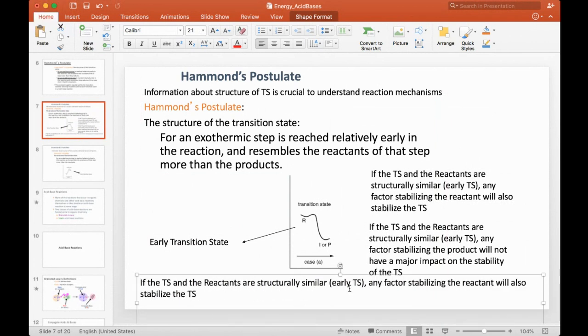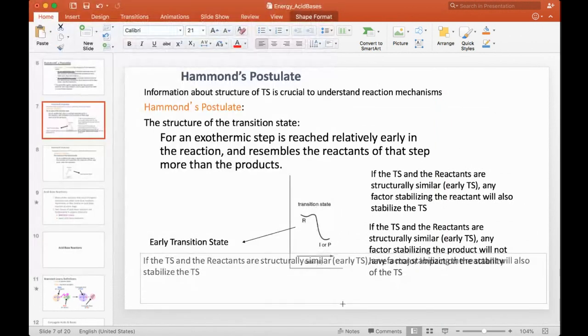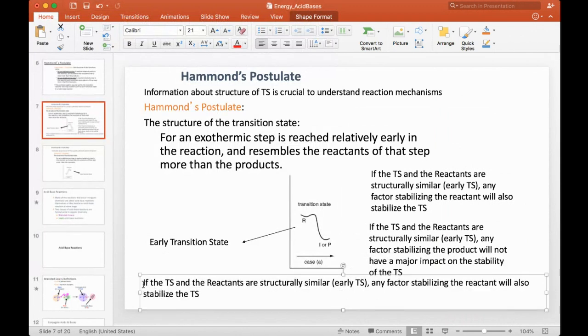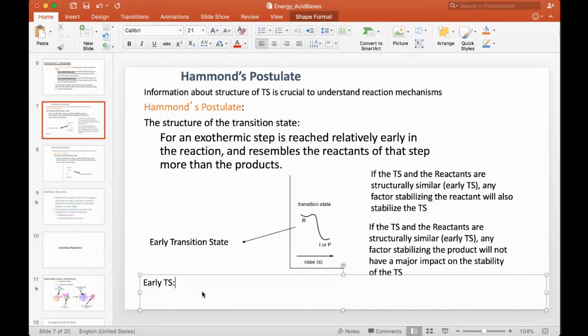that for an early transition state, okay, in early transition state, a factor stabilizing the reactant will make the reaction faster, okay?